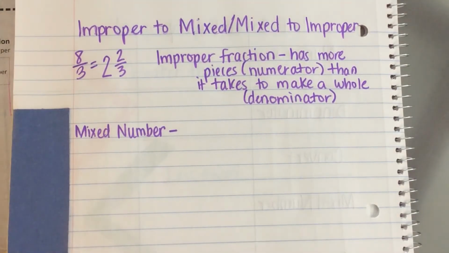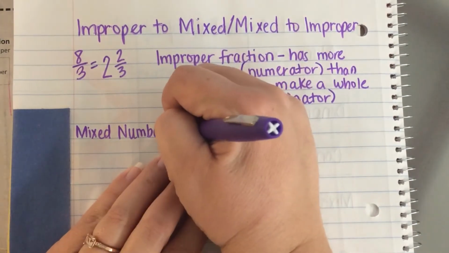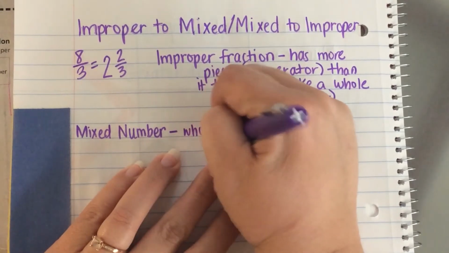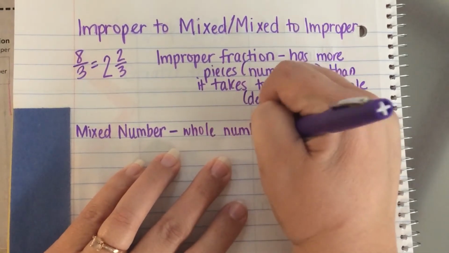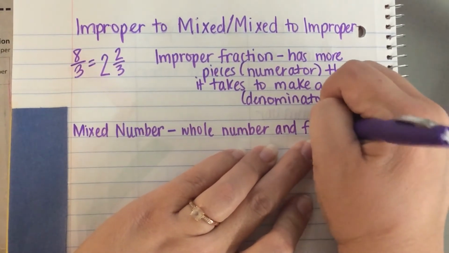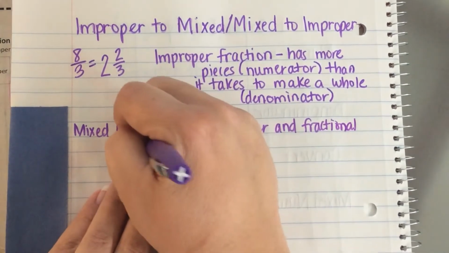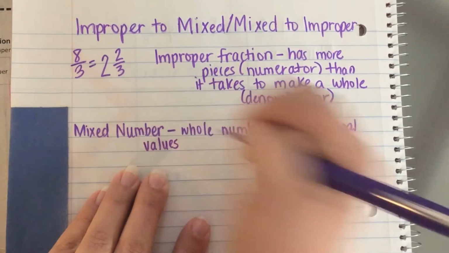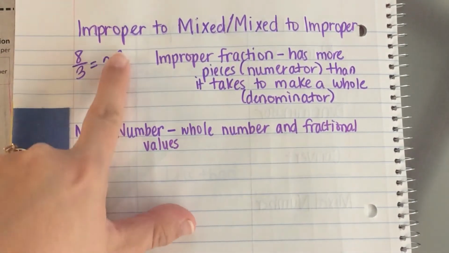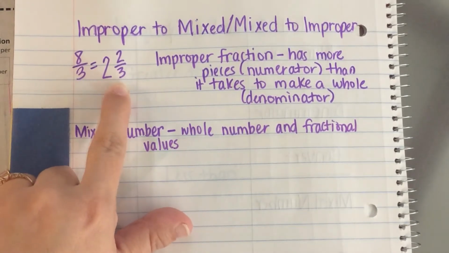You're absolutely correct. So a mixed number is a number that has whole numbers and fractional values. Okay? So just like we took this 8/3 and we turned it into 2 2/3, that makes it a mixed number.